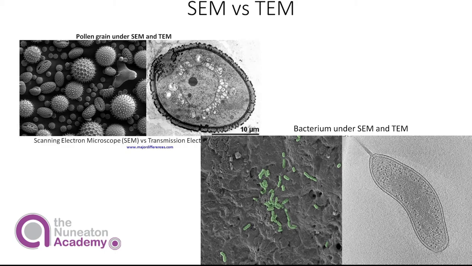The transmission electron microscope, rather than get the surface, actually transmits the electrons just a little bit further through that first membrane. And the images, instead of being of the surface, are of the internal structures of our cells. So for the pollen grain, we can see the nucleus, we can see all of the organelles like the cytoplasm, the vacuole, as well as the cell wall.